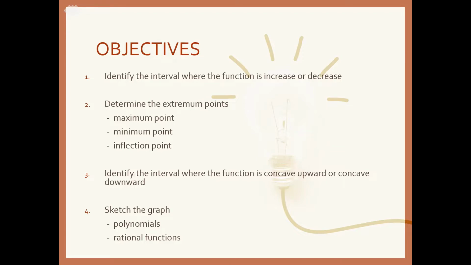And we also have learned on how to determine the extremum points of the given functions, which is either maximum, minimum, or inflection points. So today, we will continue with sketching the graph of polynomials and rational functions.